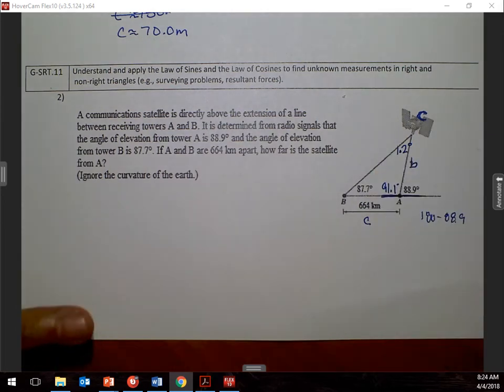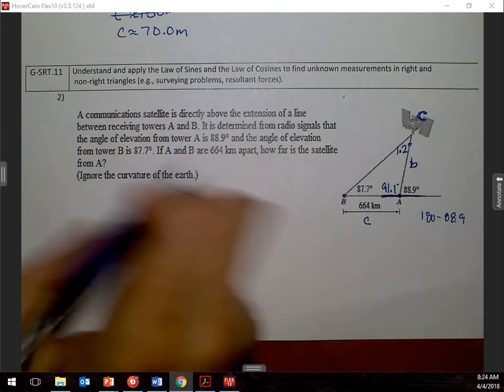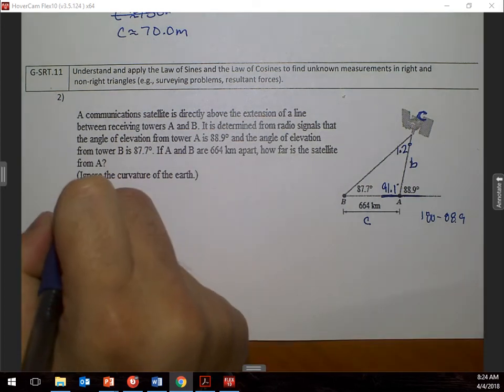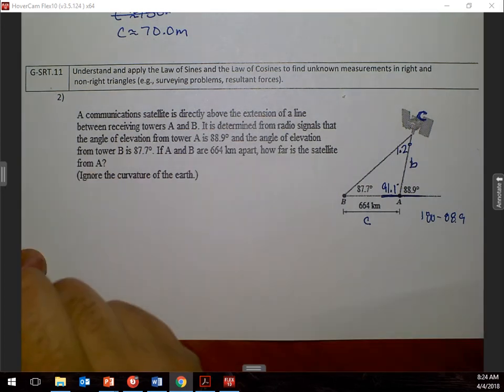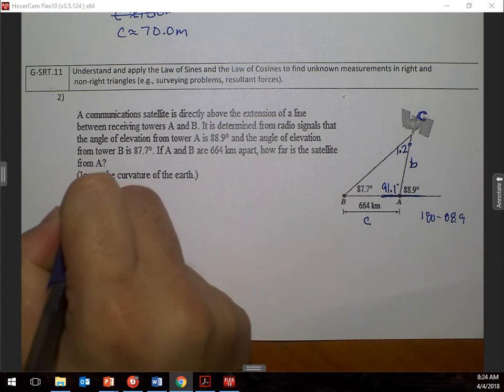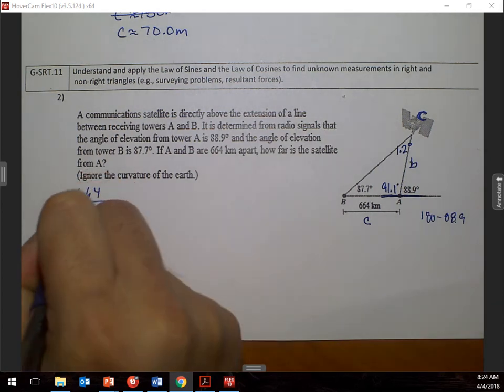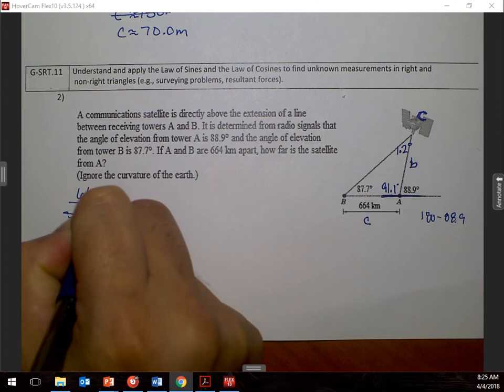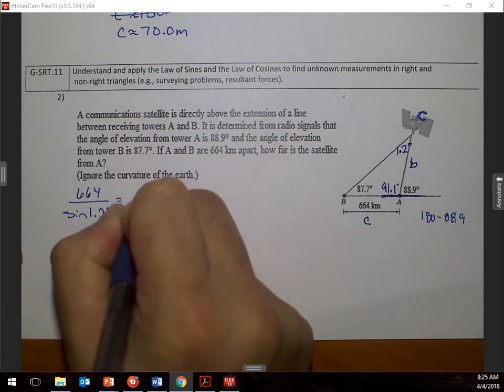So let's go ahead. We're going to set this up now. So how would I set it up? 1.2 over sine 66.4 over sine 87.7, and b over sine 1.2. I messed that all up.